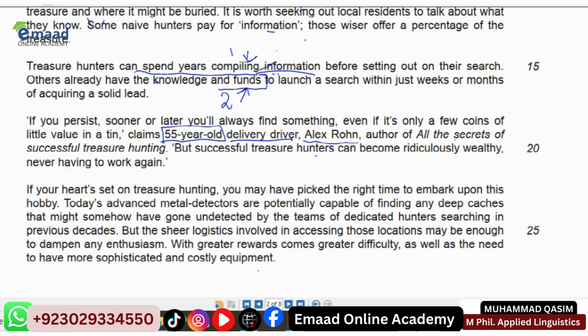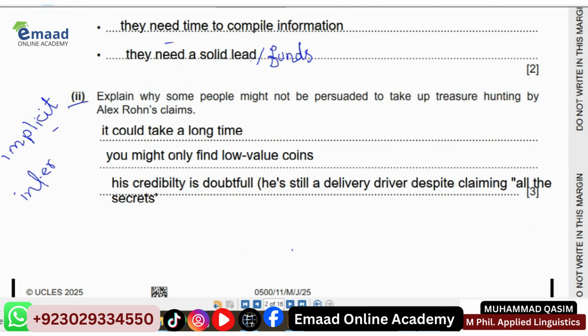Alex Ron, author of All the Secrets of Successful Treasure Hunting. But successful treasure hunters can become ridiculously wealthy, never having to work again. So people may not believe it because you might only find low-value coins. This is also possible. It is not true that you always find that you don't have to work again. His credibility is also doubtful because he is still a delivery driver despite claiming all the secrets.